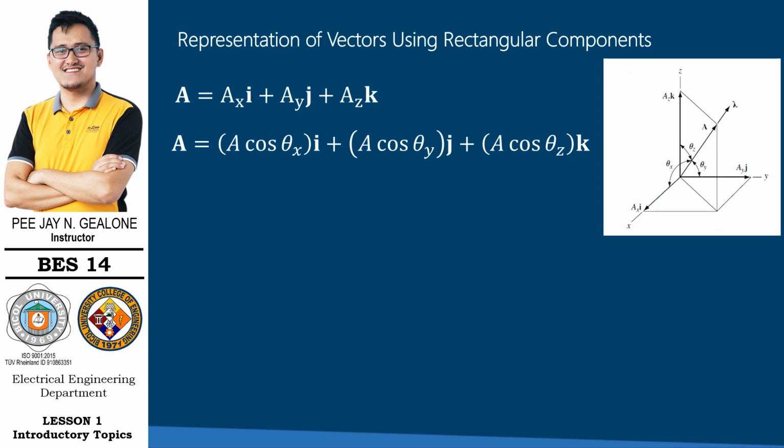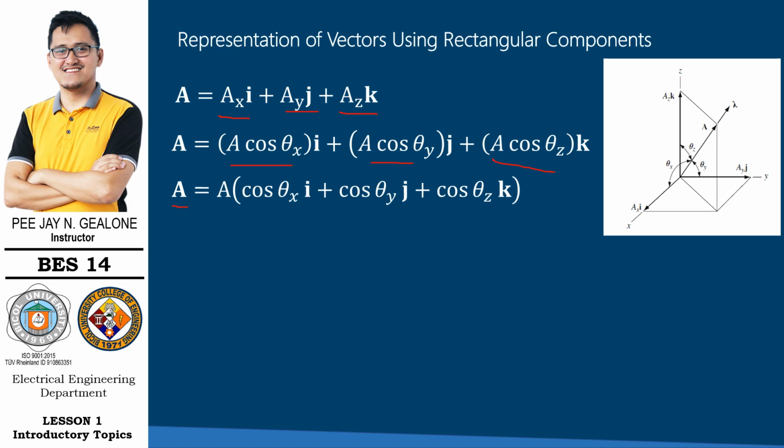Okay, as we expound on this, vector A is equal to AXi plus AYj plus AZk, and we know that AX, AY, AZ are A cosine theta x, A cosine theta y, and A cosine theta z respectively. Makikita natin that if we distribute the value of A, magiging ganito ang equation natin.